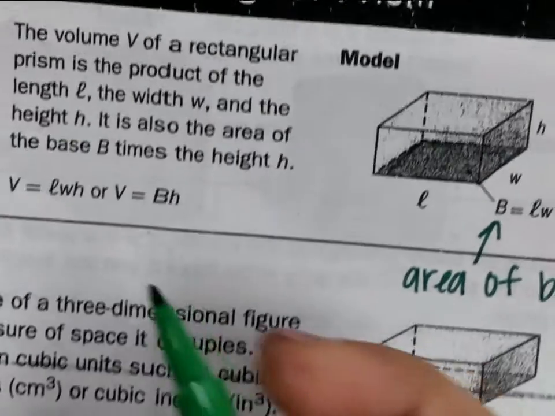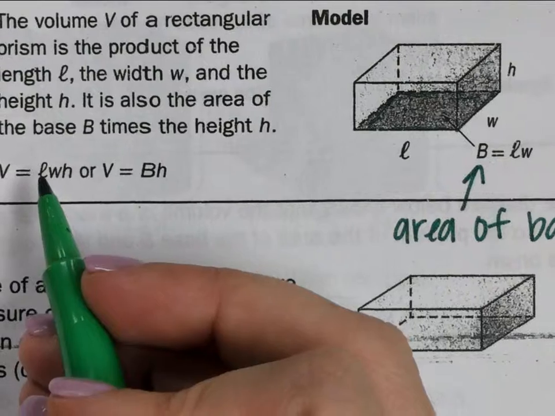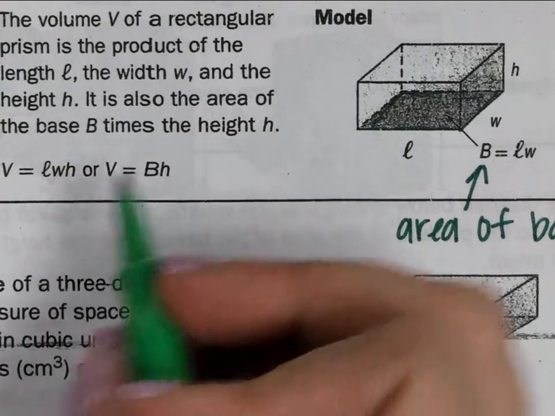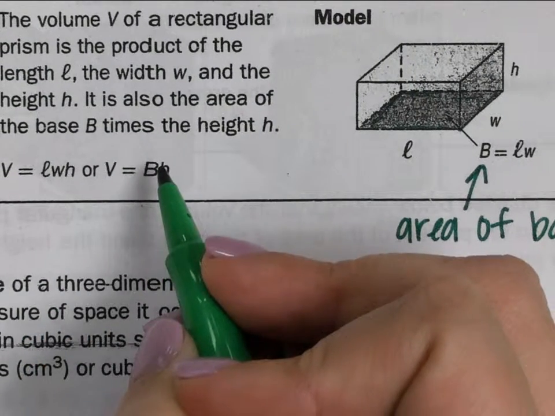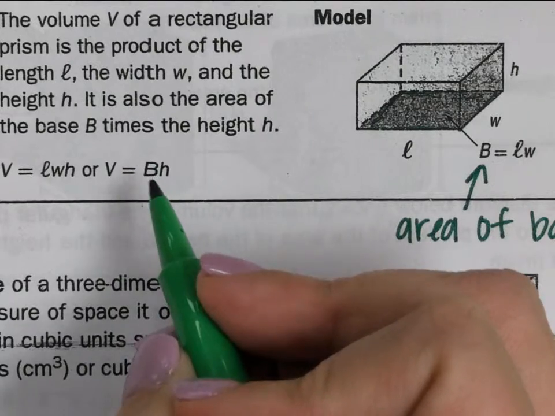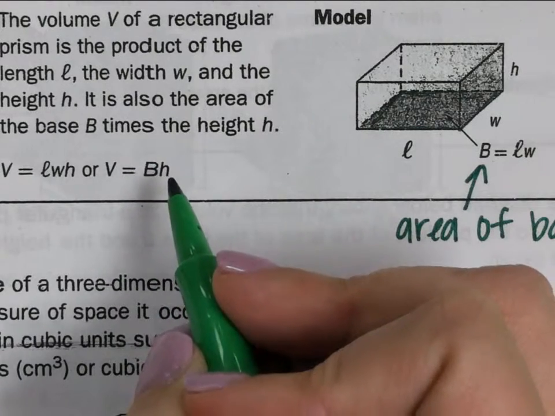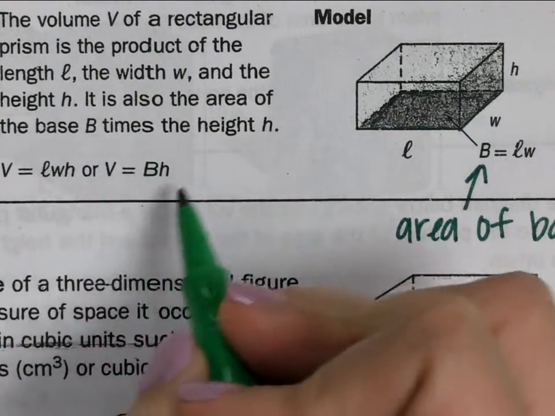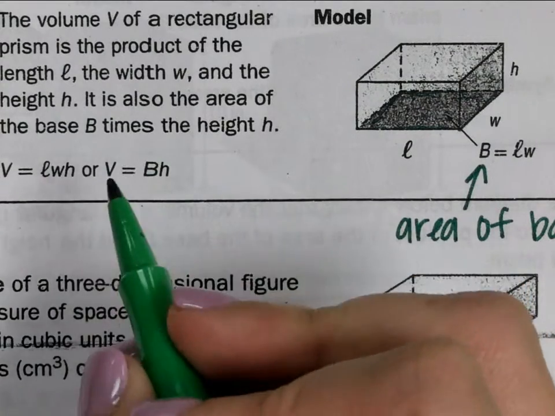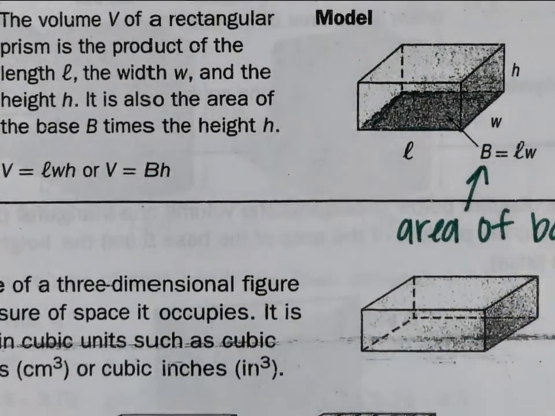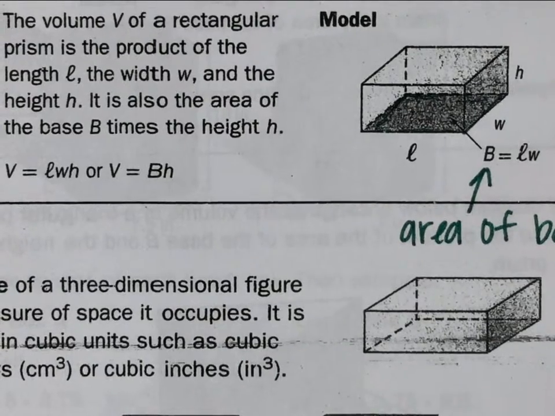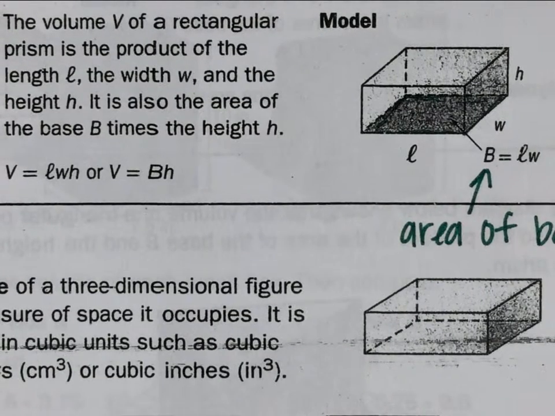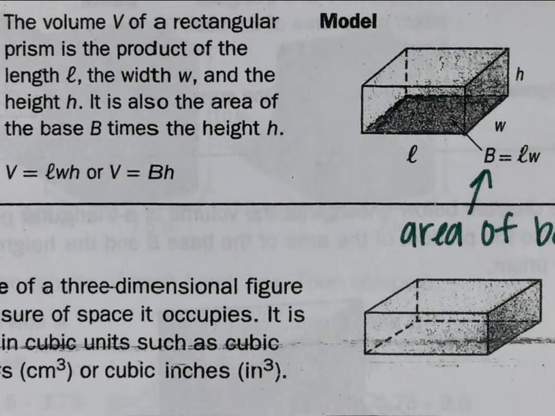So that's why I can also use this same formula as length times width times height, because capital B times height is the same thing as length times width times height. Does that make sense? So no matter what figure we're trying to find the volume of, I can still use volume equals capital B times H. Just know that that B is the area of that base, whatever shape that base is.